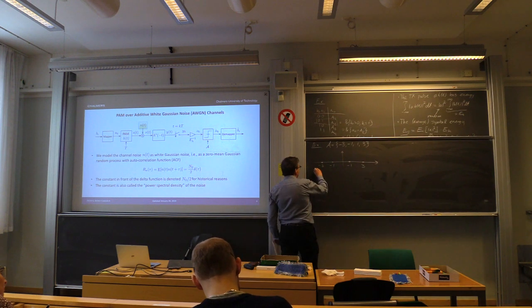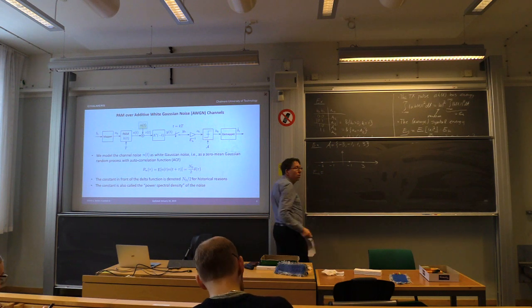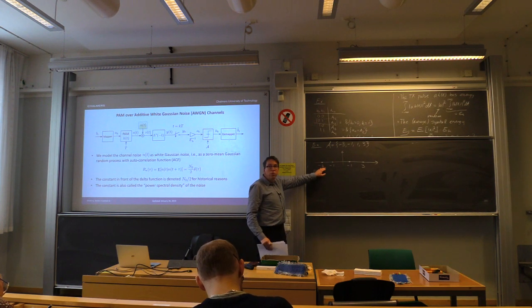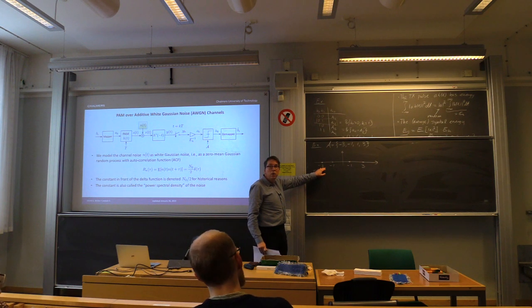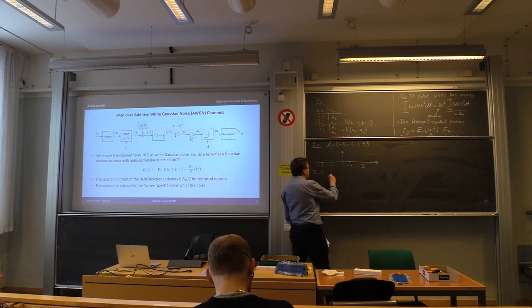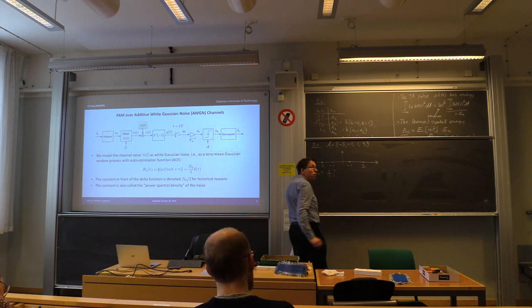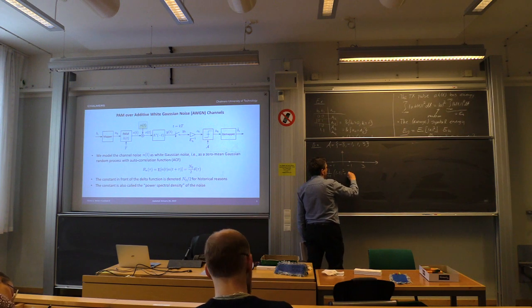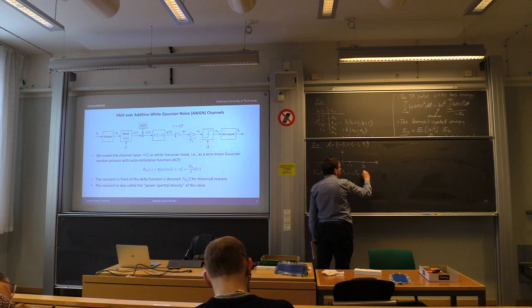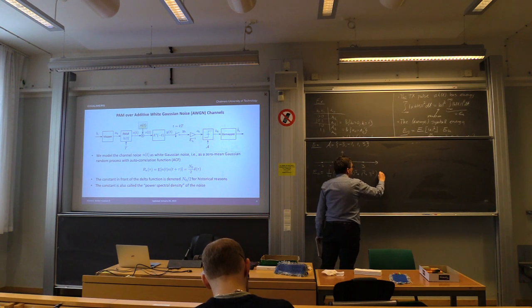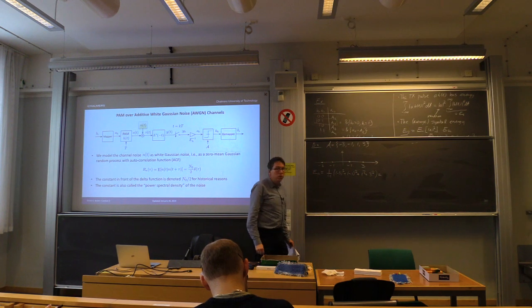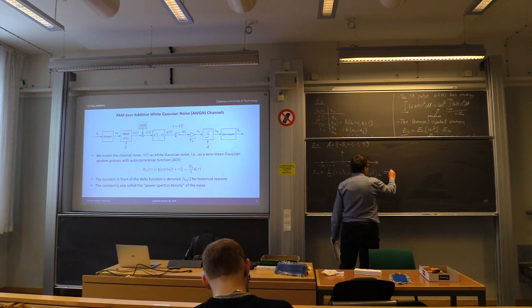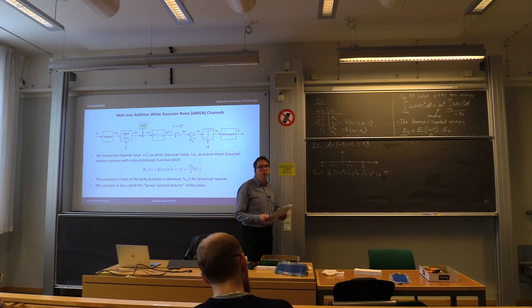And then the constellation energy for this is we take the amplitudes, we square them, add together, and divide by the number of amplitudes. So it's 1/4, because there are 4 of these, times -3 squared plus -1 squared plus 1 squared plus 3 squared. If we add these things together, we get 20. 20 divided by 4 is equal to 5. So the constellation energy of this is 5.